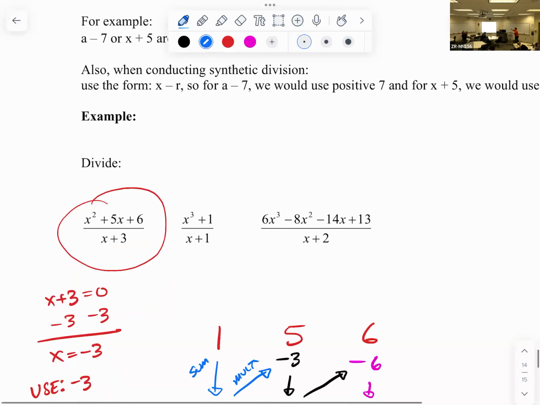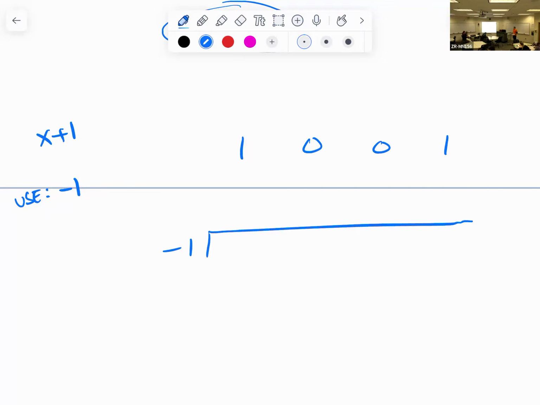I have x cubed plus 1 all over x plus 1. This is exactly the one we did with polynomial division above. Since we have x plus 1 as our divisor, that means we use -1. So x cubed, x squared, x, 1. We still have to fill in all our missing terms, but you basically just count it in your head. Now let's see if we can repeat. That becomes 1.